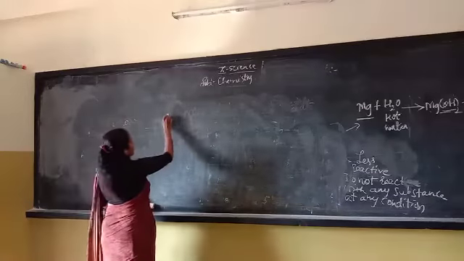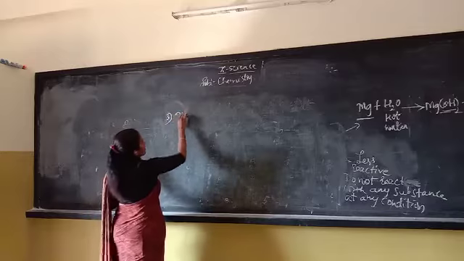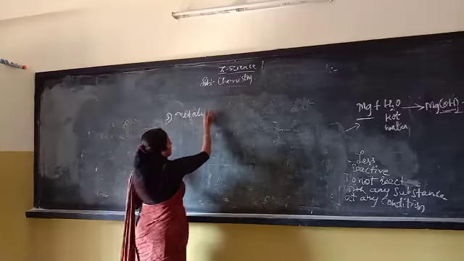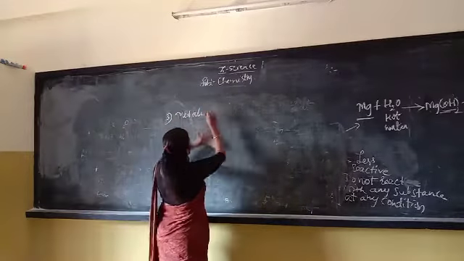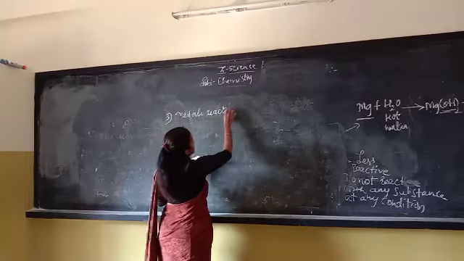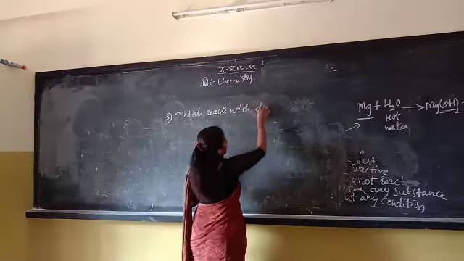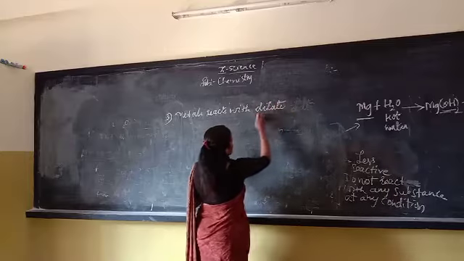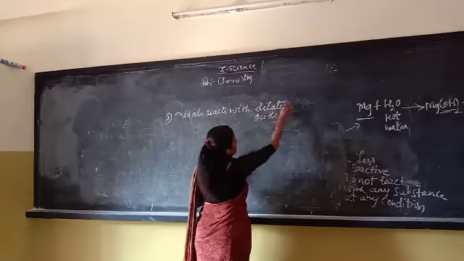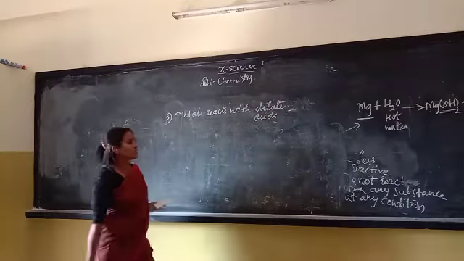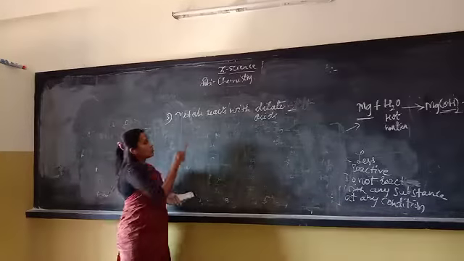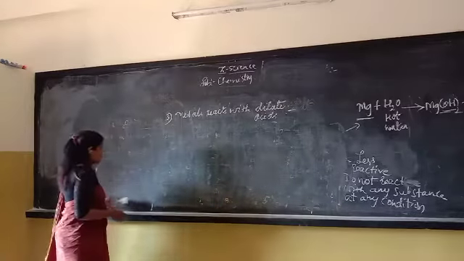The third chemical property is what happens when metal reacts with dilute acids. Okay, children. So the third chemical property is what happens when metals react with dilute acids.